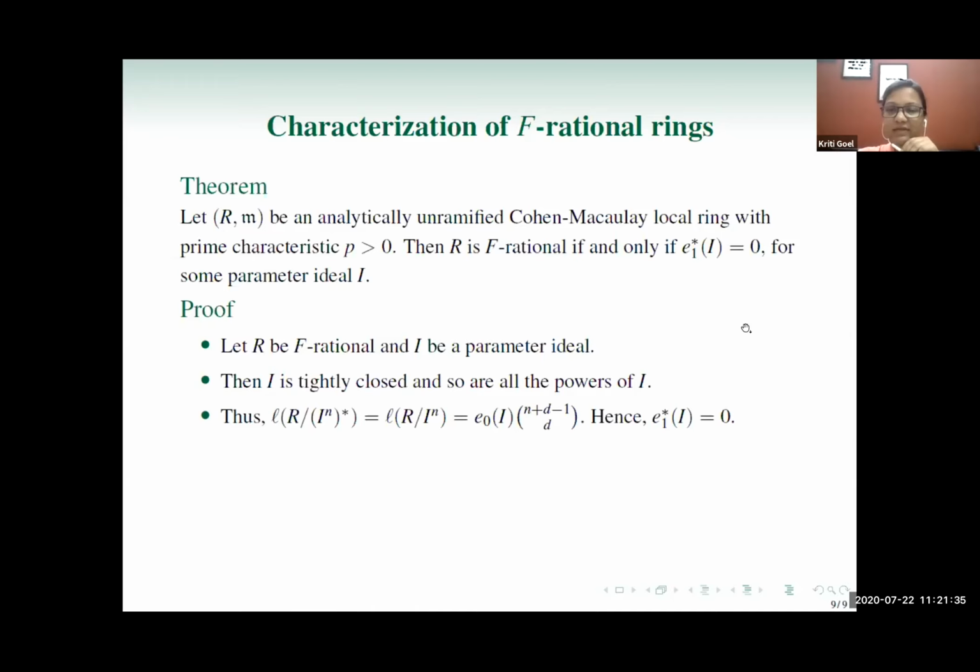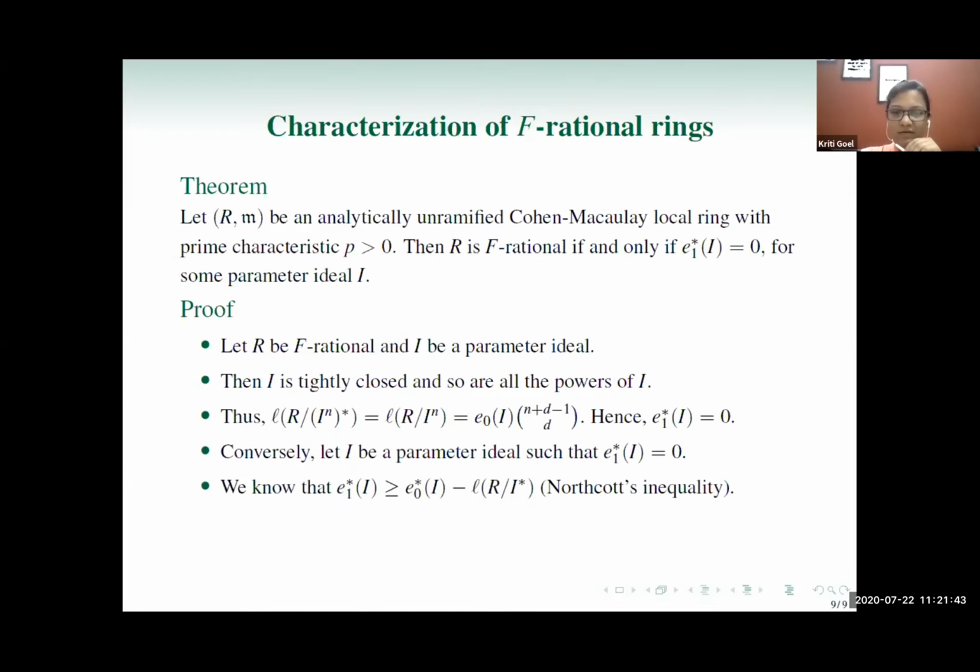For the backward part, let's say we have a parameter ideal I such that e1 star of I is 0. We need to prove that the ring is F-rational. So in order to prove this part, we look at what is called the Northcott inequality. This was proved for filtrations by Hanes and Marley, and this is the following inequality. In our case, e1 star of I is 0. e0 star of I is the multiplicity of the ideal.